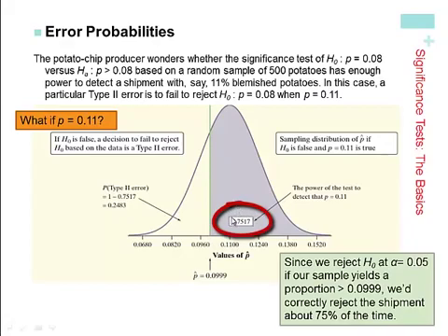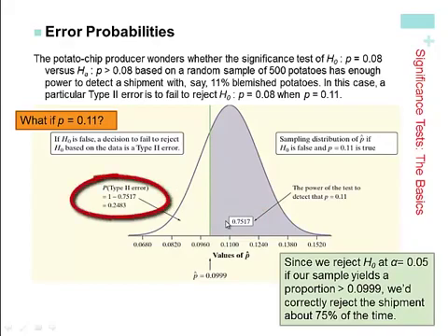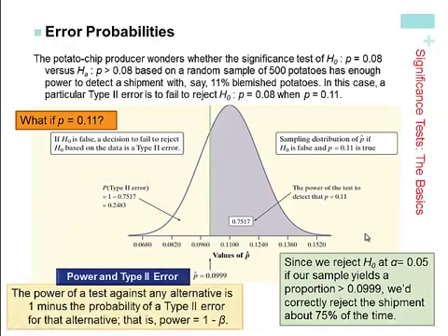This is the power of the test, and the area to the left would be 0.2483, and this is the probability of a type 2 error. The power of a test against any alternative is 1 minus the probability of a type 2 error. That is, power is equal to 1 minus beta, where beta is the variable we're going to use to represent a type 2 error.